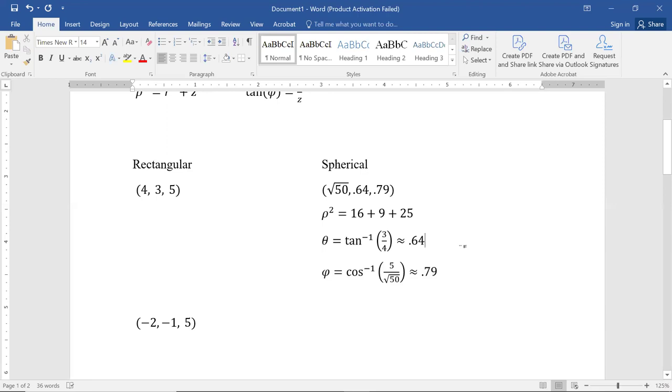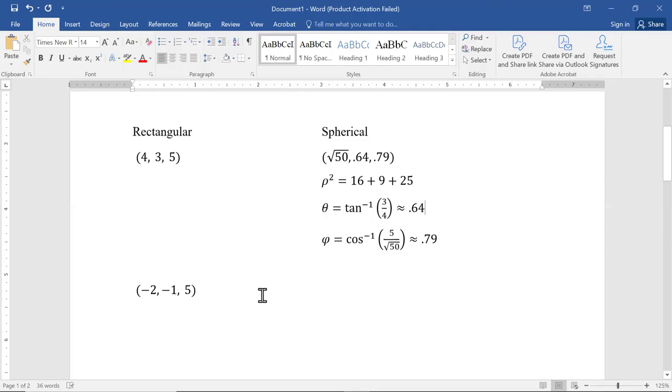Okay? So I don't necessarily have to worry about quadrants when I get to phi, as long as I worry about quadrants when I'm at theta. So that's kind of how that works.